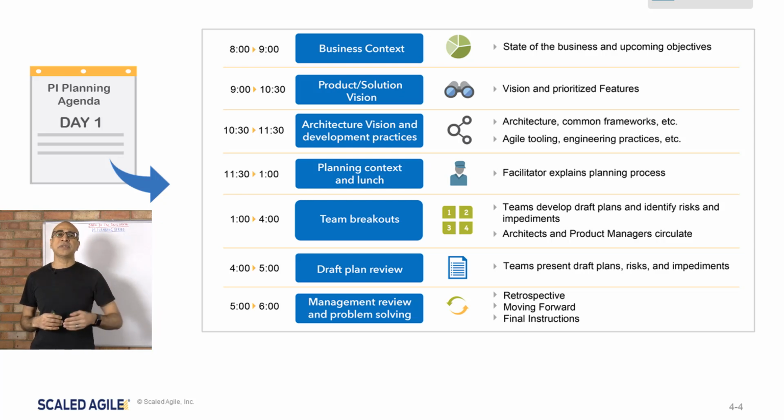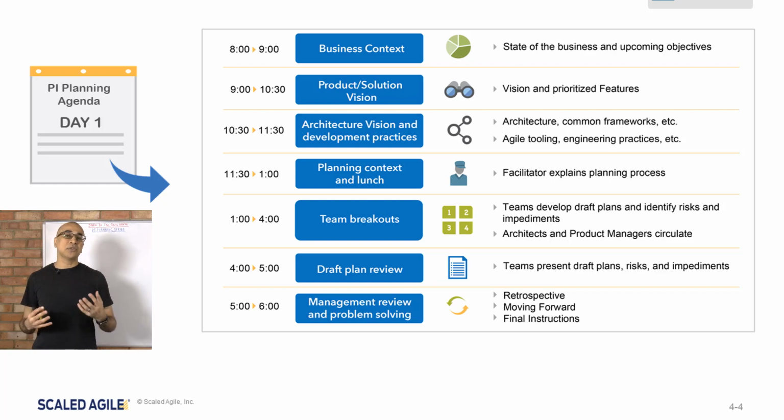You start off with the business context between 8 and 9. You talk about the product and solution vision, followed by the architectural vision. Then you talk about how we do the planning, and then you have your lunch. The main team planning happens after lunch between 1 and 4 o'clock, followed by a review of what the teams have come up with, and then finally the management review and problem solve at the end of day one.